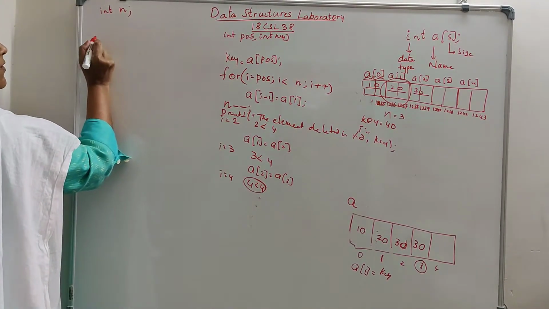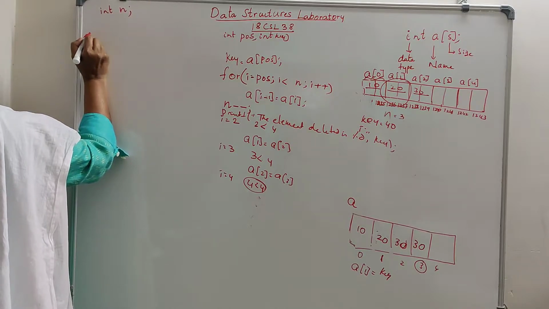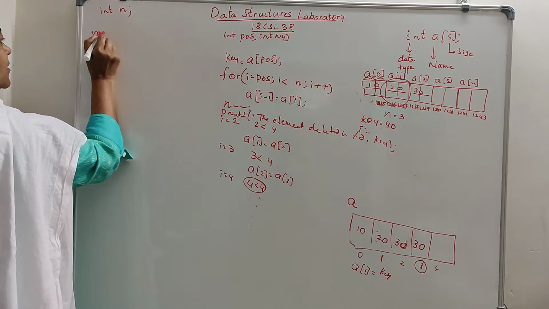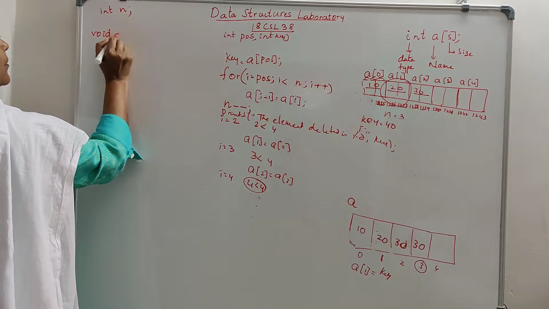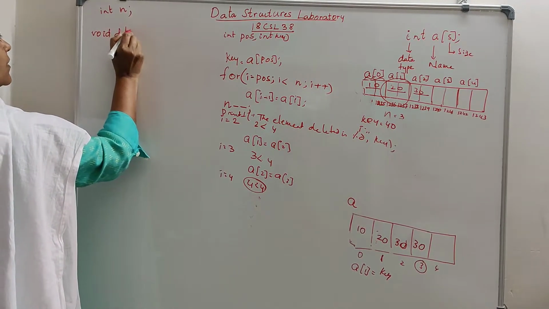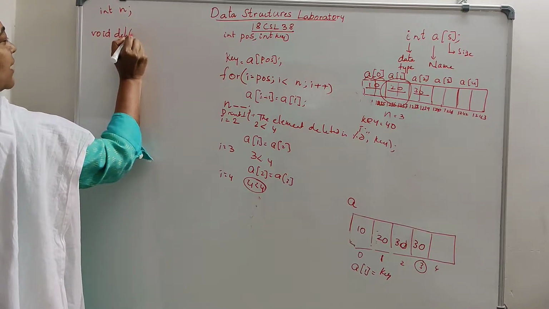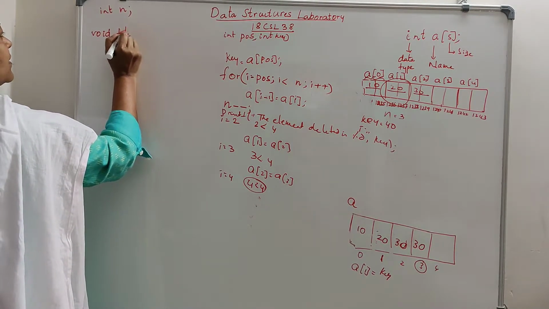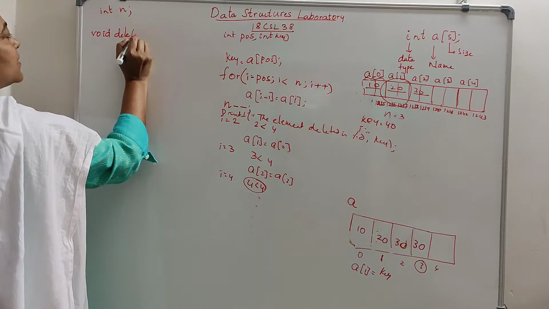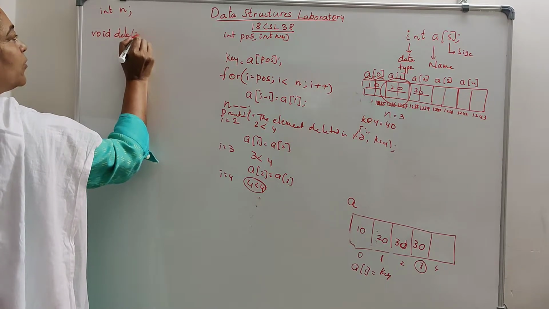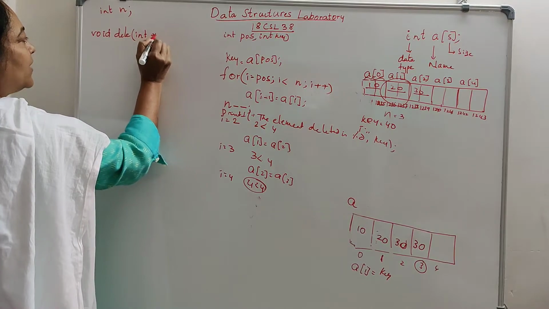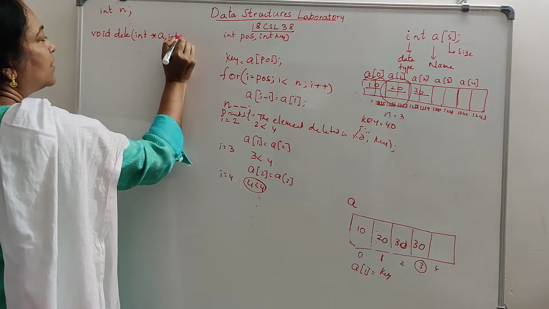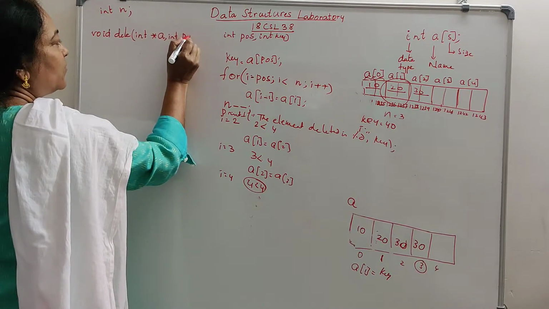So here we can write the delete function as void, because we are not going to return any element here. So delete, the name of the function, and I'm just using DELE. For delete, what do you need? You need the array and int position.